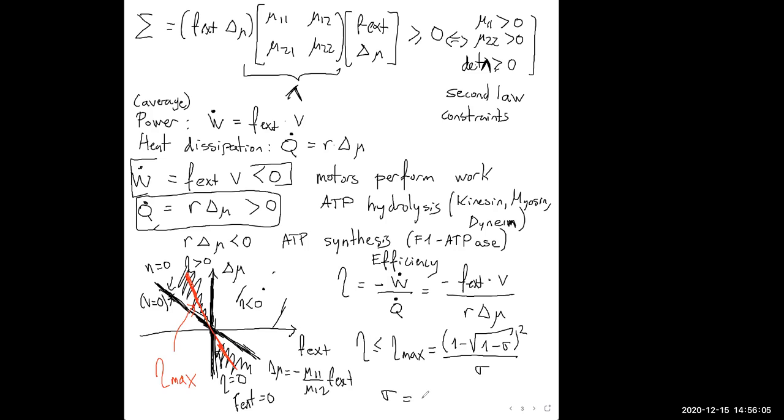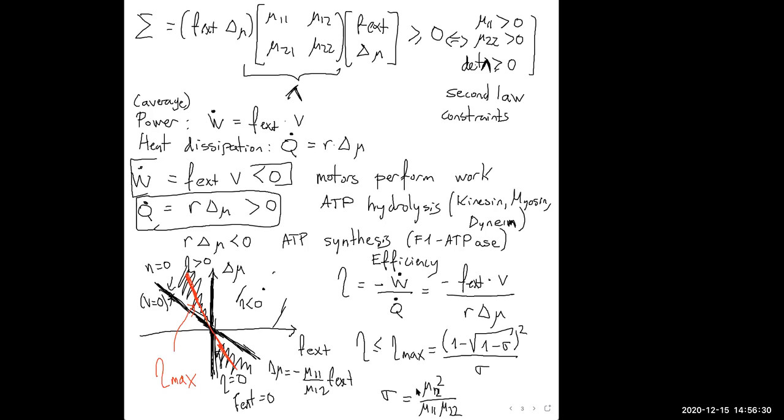It is mu12 squared divided by mu11 mu22. Okay, this is a number. When you have this number, with this formula, this gives you the maximum efficiency of the motor. All right, you can prove this after 2 or 3 steps.